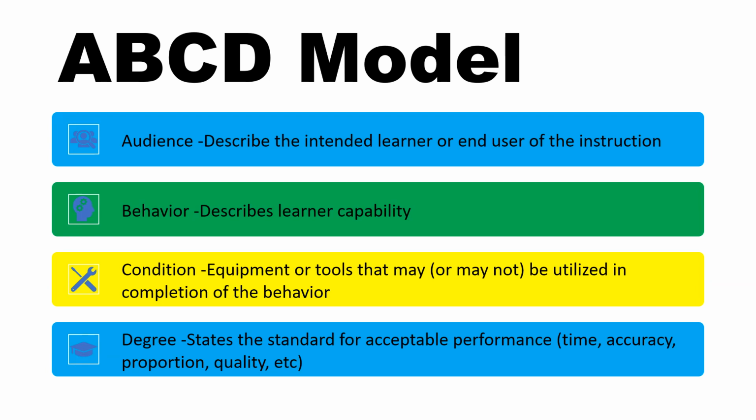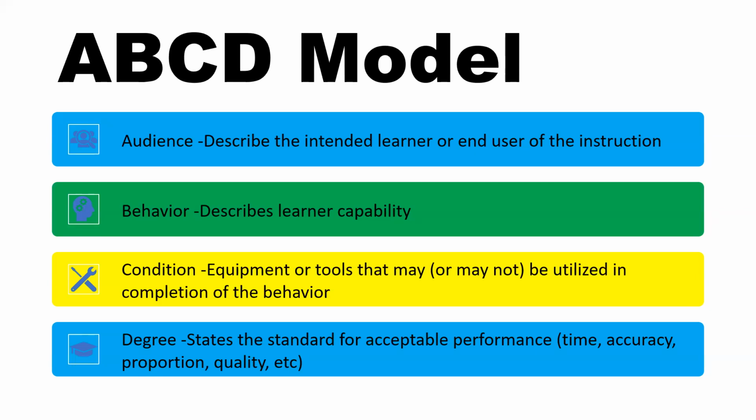And finally, degree. What degree they should know in terms of time, in terms of accuracy. For example, if you are teaching a particular principle, a particular law, what degree they should be able to measure. For example, if they are measuring the acceleration due to gravity, what do you want?